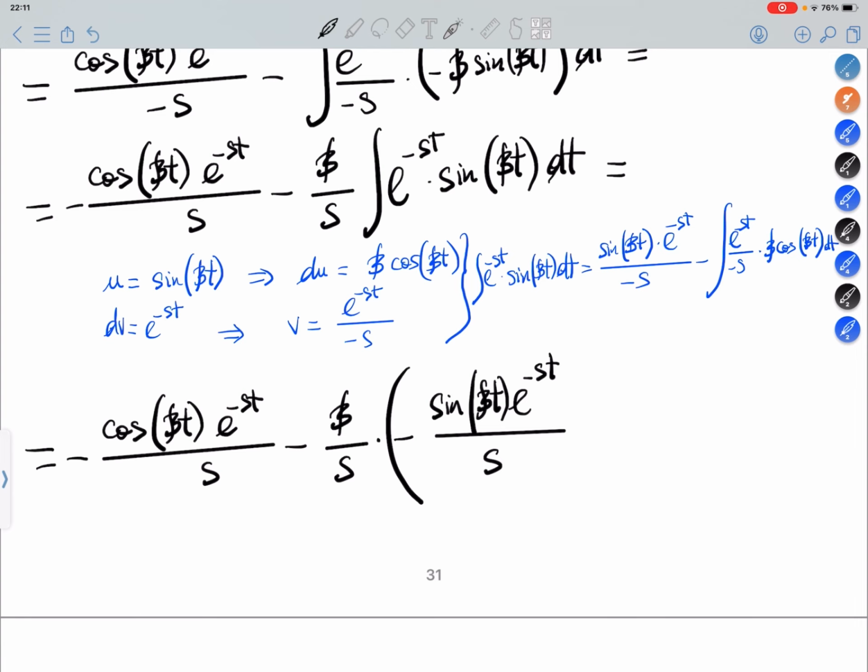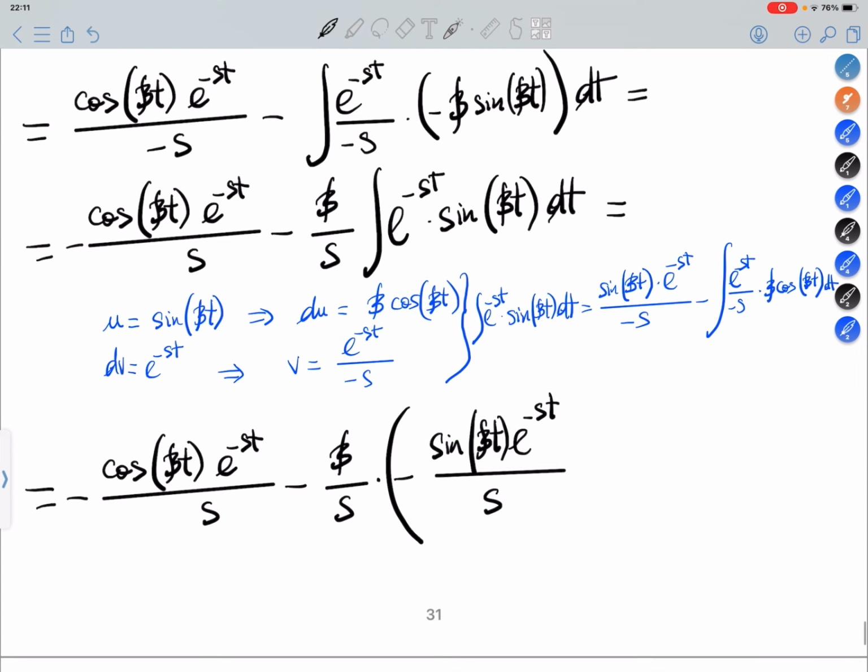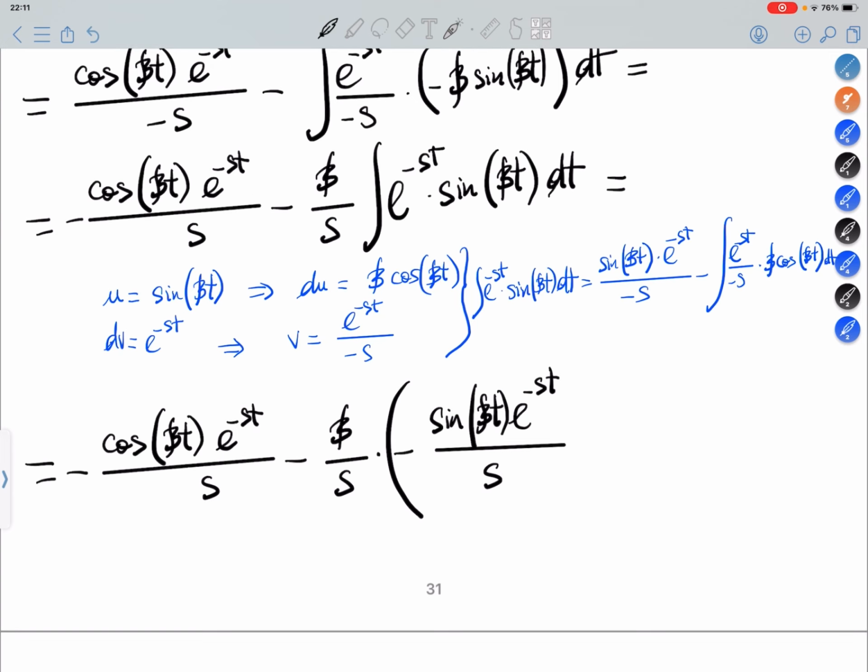Then we take beta and s and minus s out, which gives plus beta over s, times the integral of e to the power minus st times cosine of beta t dt.